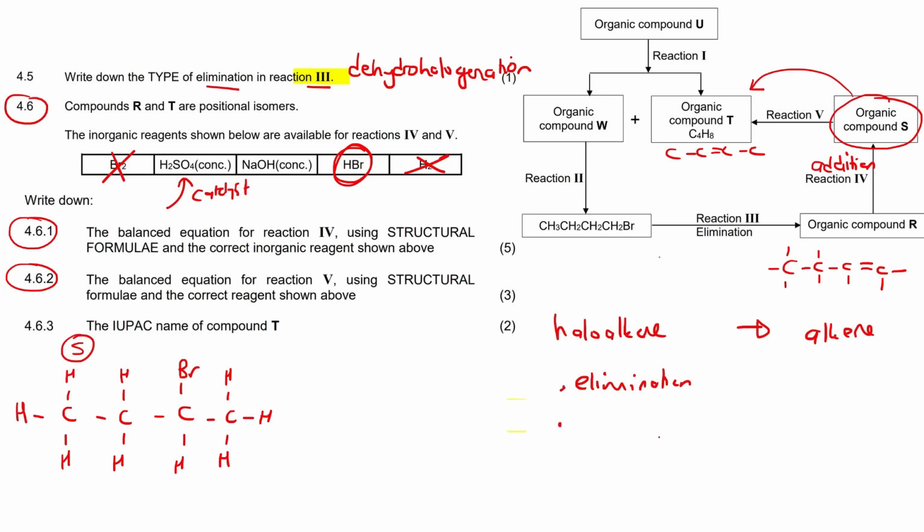And we know that to do it, you have to use concentrated, strong base, like KOH or NaOH. If we use dilute, then it rather goes to an alcohol. Remember that. So if you use concentrated, you go to an alkene, and if you use a dilute, then you go to an alcohol.